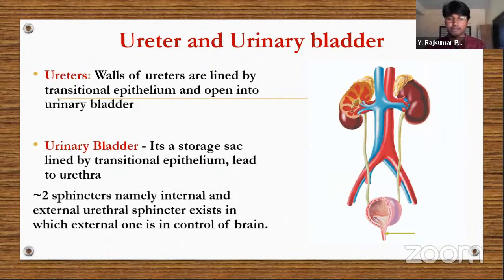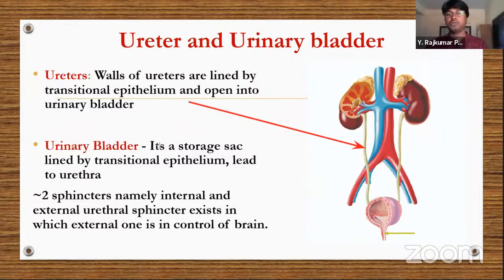They are connecting the kidneys with the urinary bladder, isn't it? So here are the ureters, and their walls are made up of transitional epithelium. That means it's an epithelium which has different kinds of cells with different shapes. That's called transitional epithelium.